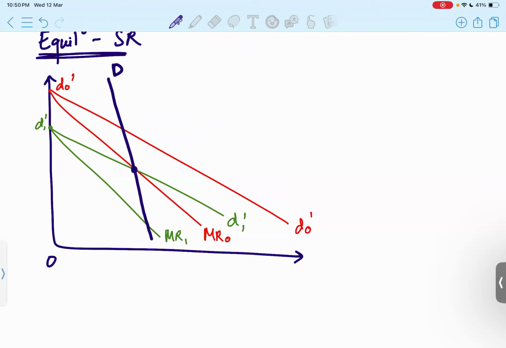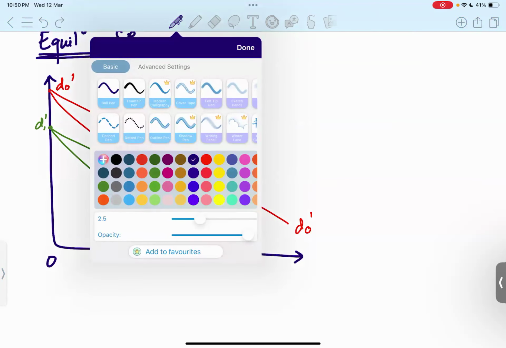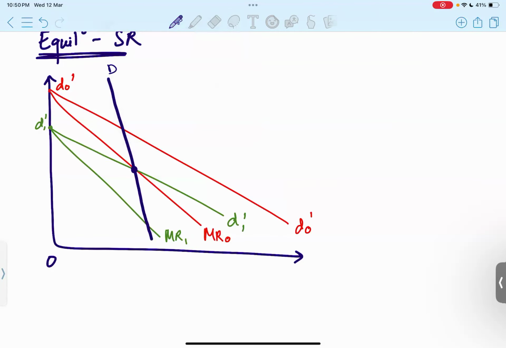We label it capital D, so as to differentiate it from the perceived demand curve. Initially, when we are starting, we can say that we are at point A on the proportional demand curve, where the perceived demand curve, which is the red one, is also intersecting the proportional demand curve. So we start from point A.